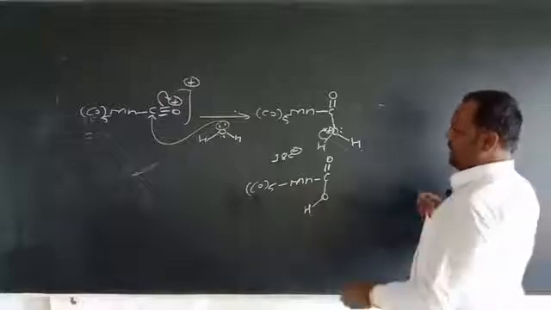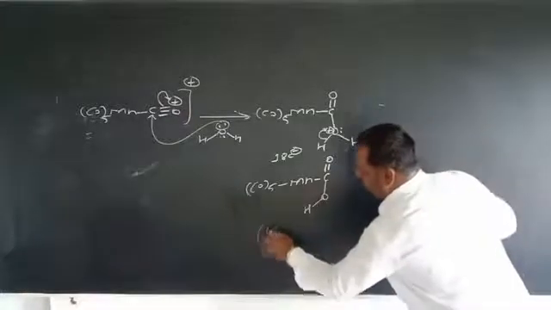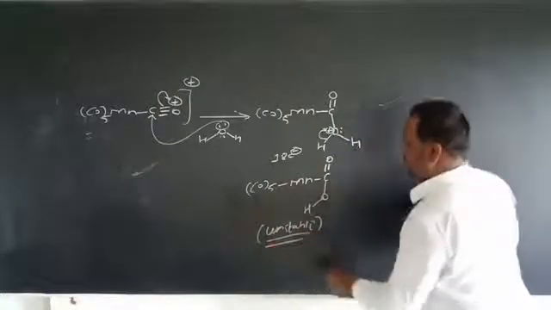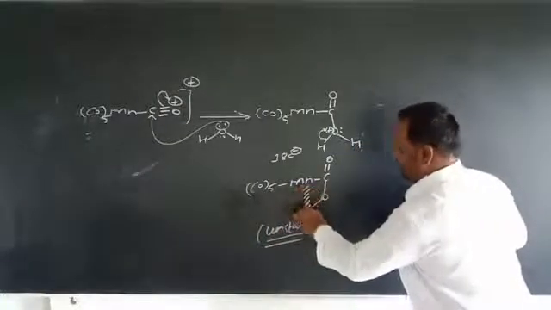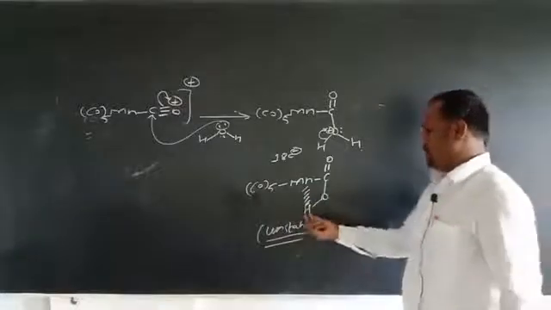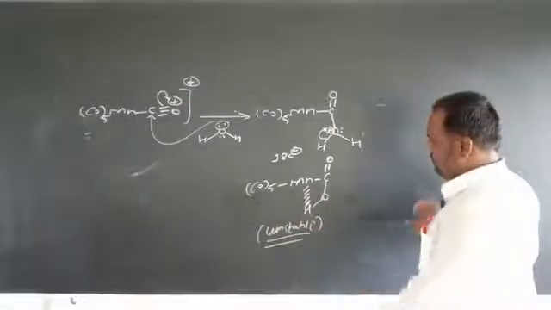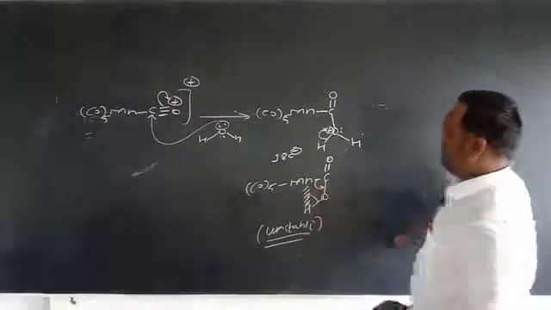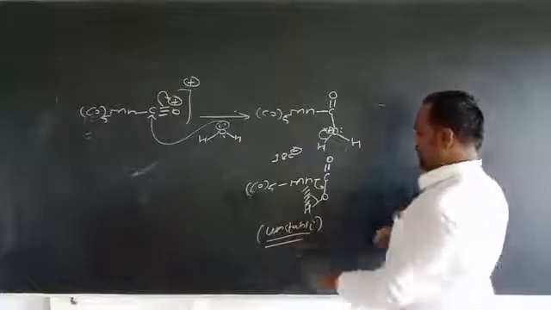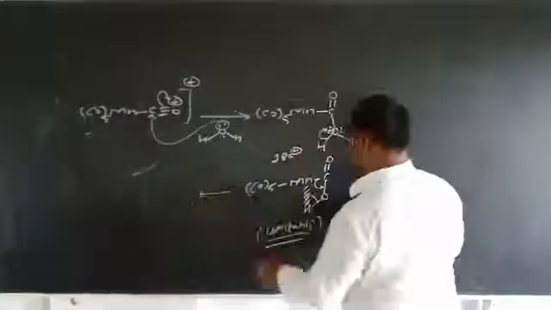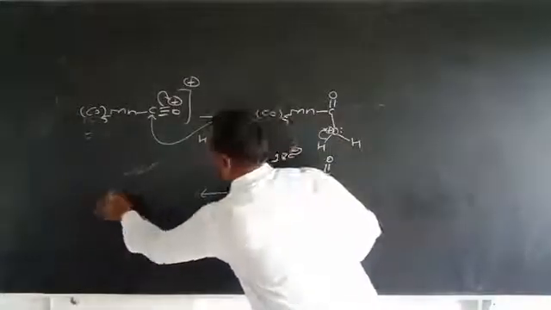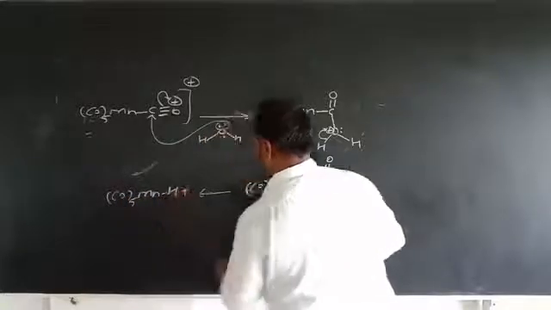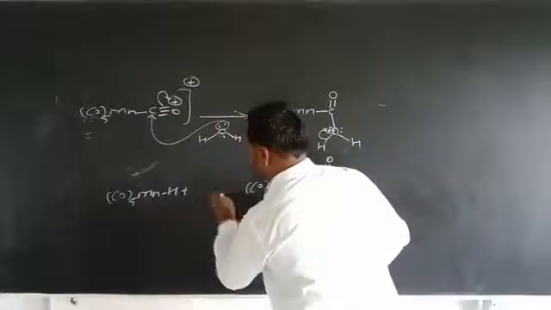Again it is unstable, so it will show agostic interaction with this metal atom. This hydrogen shows agostic interaction with the metal atom, and then this bond will be formed and this bond will break. So in this case also we get the final product, CO by 5 MnH plus CO2, with removal of CO2.